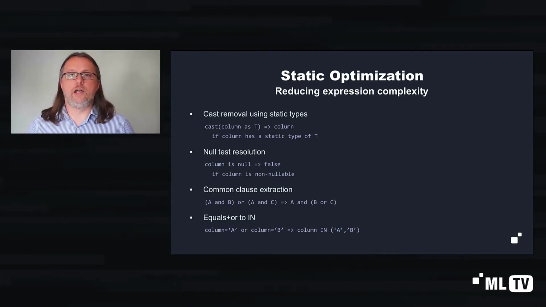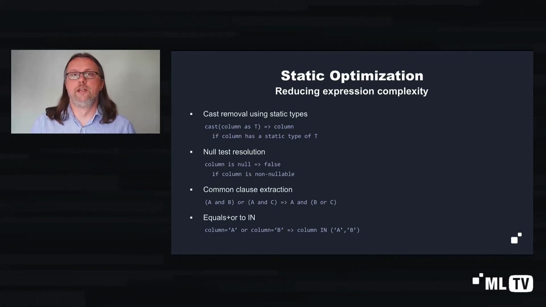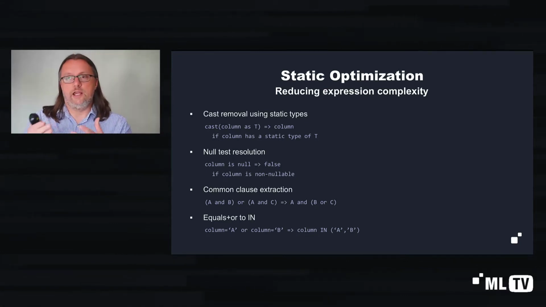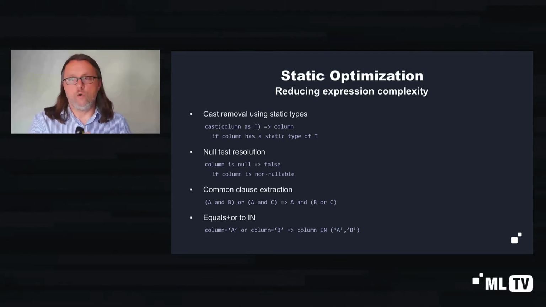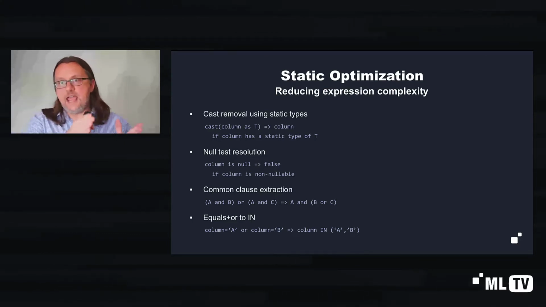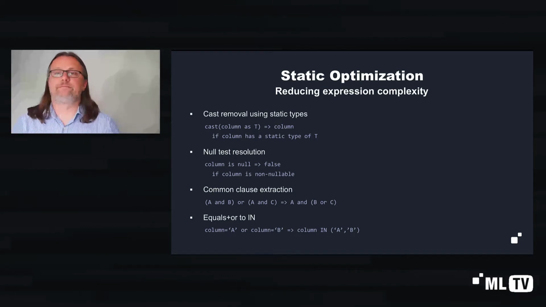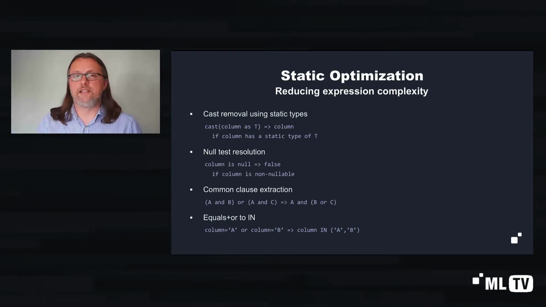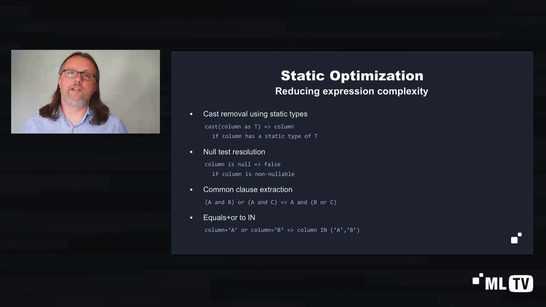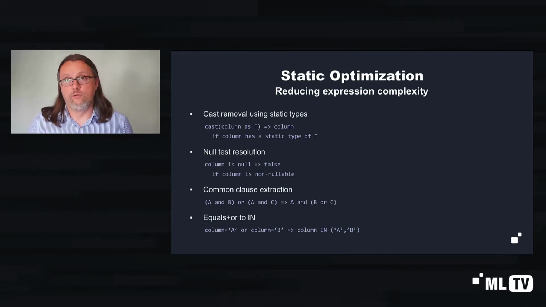So another kind of optimization we do is common clause extraction. So if we have, as you can see here, an expression of the form A and B or A and C, then we can extract the A and turn that into A and B or C. Now the reason to do that is, if you recall, I said that we could split the clauses up at the top level and, but we can't do that with a top level or.